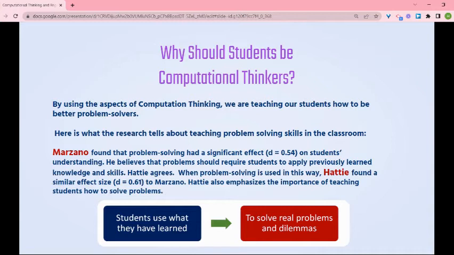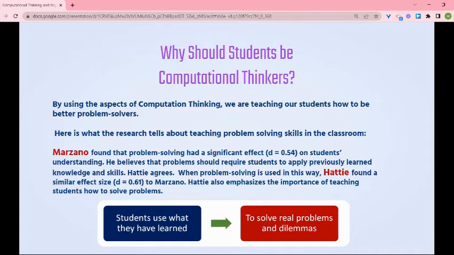And so Marzano found that problem solving had a 0.54 impact on student understanding, and he believes that problems should require students to apply previously learned knowledge and skills. And Hattie agrees with this. When you are using problem solving in this way, Hattie found the similar size effect of 0.61.